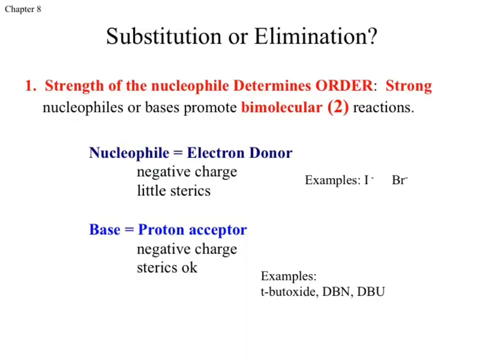Okay? Deciding between substitution and elimination. You've got a sequence of kind of steps that I've elucidated for going through. Strength of your nucleophile/base is going to determine your order. If it's strong, what order? It's got to be a 2 type. If it's weak, 1 type. Deciding between nucleophile and bases. So you can look for that negative charge. If you've got the negative charge, decide, is it a nucleophile or is it a base?